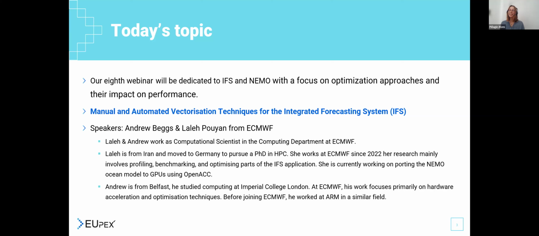Lale is from Ireland and moved to Germany to pursue a PhD in HPC. She has worked at ECMWF since 2022. Her research work mainly involves profiling, benchmarking, and optimizing parts of the IFS application. She's currently working on porting the NEMO ocean model to GPUs using OpenACC.